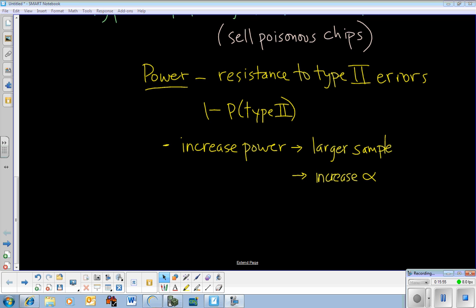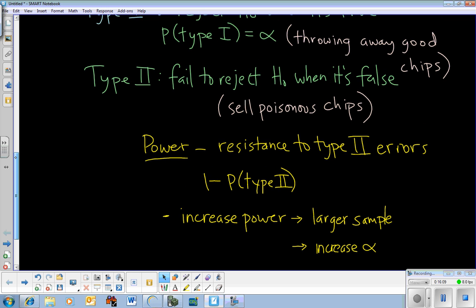But if you have a larger alpha value, think about that. If you're at a 1% level instead of 5%, you are going to reject very few.